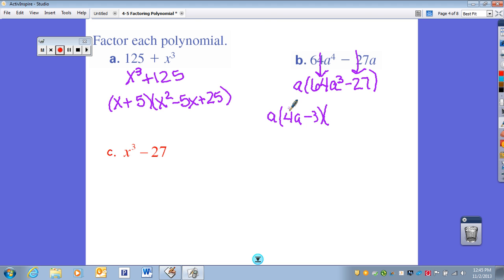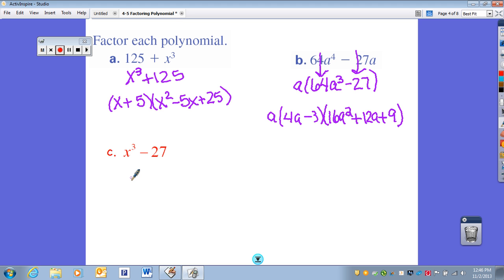So we are going to square our first term. 4a times 4a is 16a squared. Then we are going to multiply the a and the b together, and we need to have that be a positive product in our difference of cubes factoring, which is going to be 12a. And then we have adding our square of our last term, which would be 9.